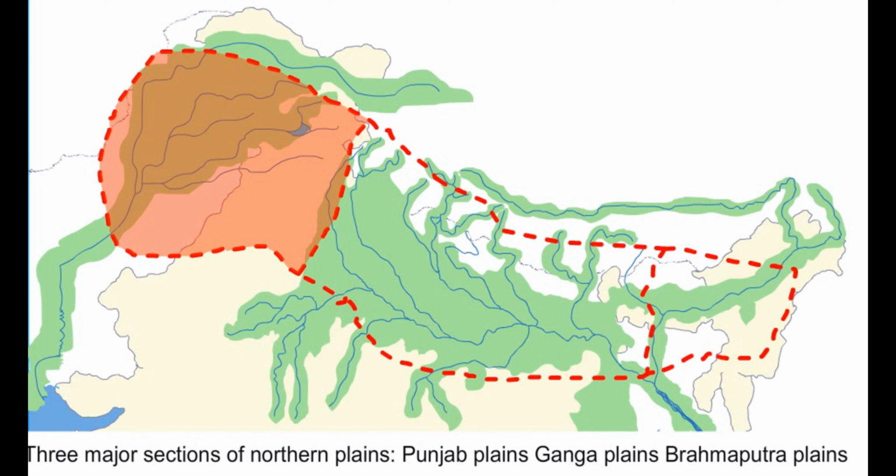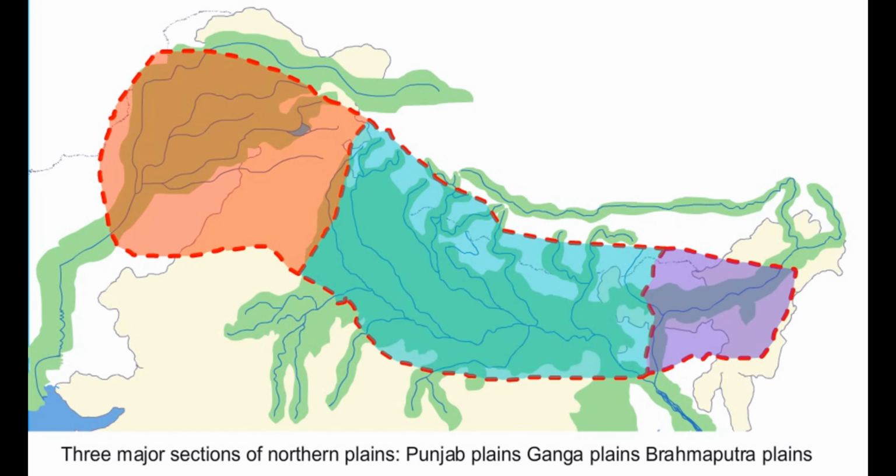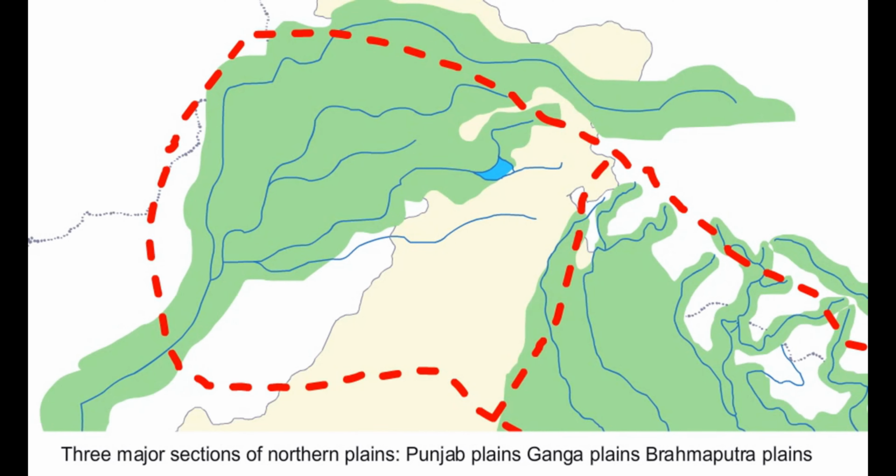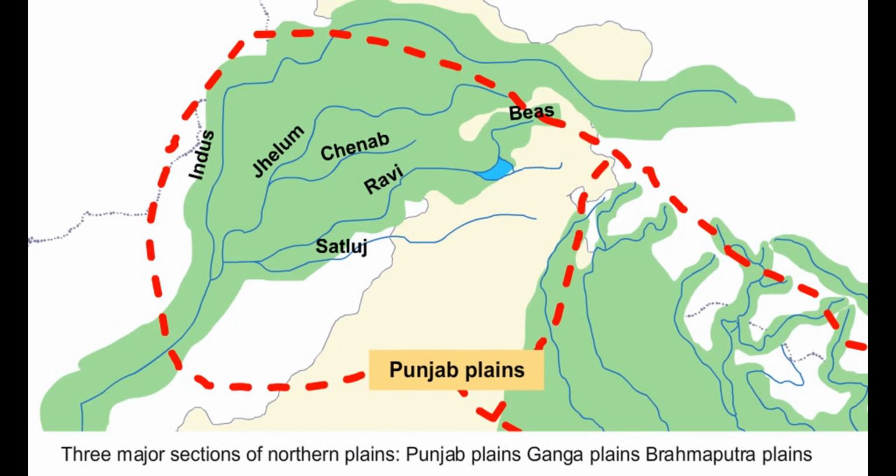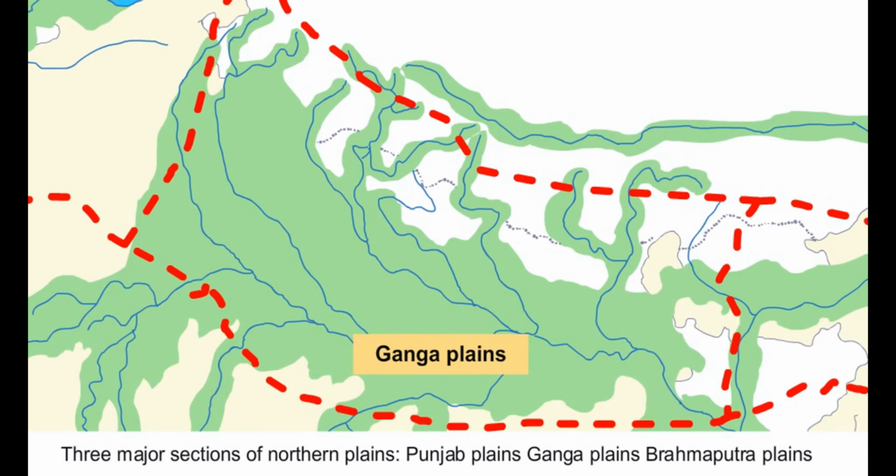The northern plains is divided into 3 major sections. 1. The western part drained by Indus and its tributaries Jhelum, Chenab, Ravi, Beas and Sutlej is known as the Punjab Plains. A major part of it lies in Pakistan. 2. Ganga Plains.